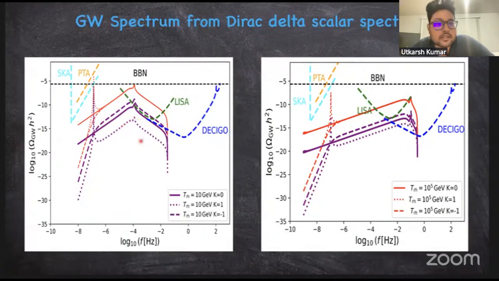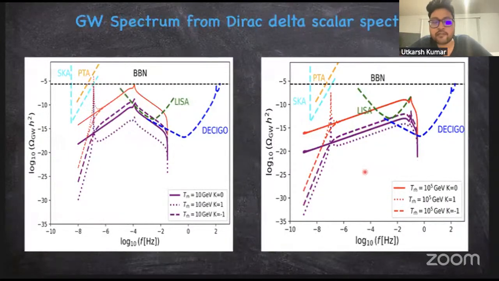In this plot, k equals 0 is represented by the solid, k equals plus 1 by the dotted, and k equals minus 1 by the dashed lines for the Dirac delta spectrum. In each panel we present two reheating temperatures. The purple color represents a reheating temperature of 10 GeV, and the red color represents a reheating temperature of 10 to the power 5 GeV.